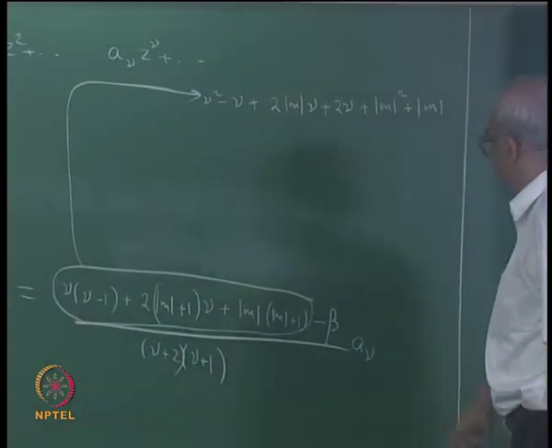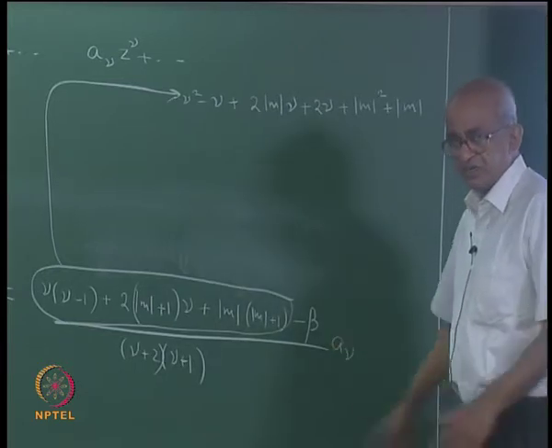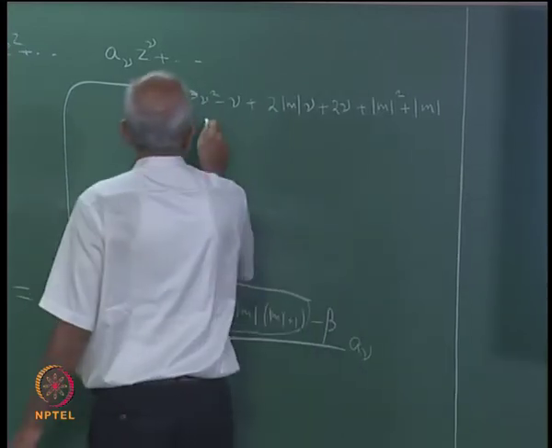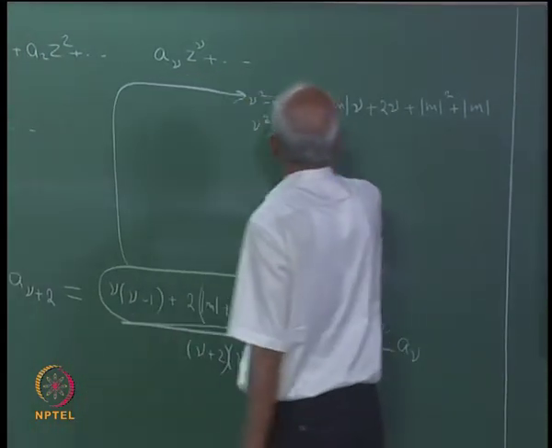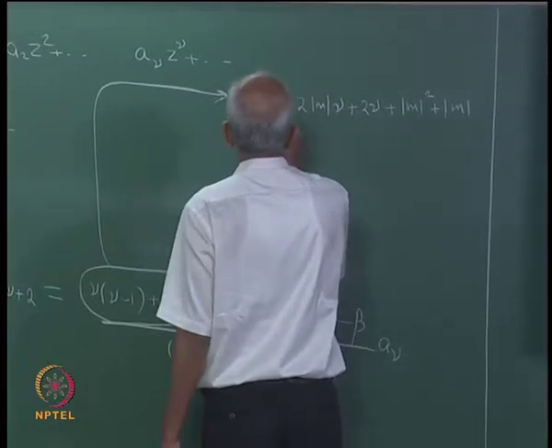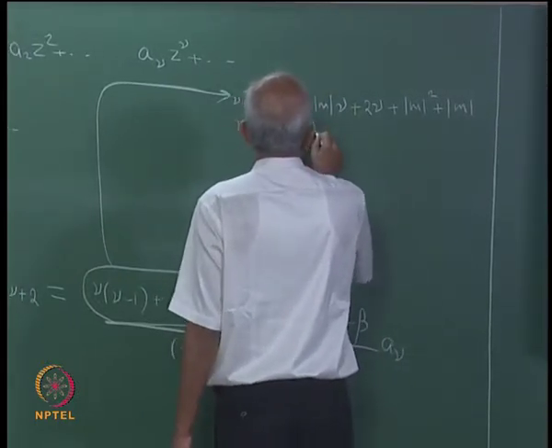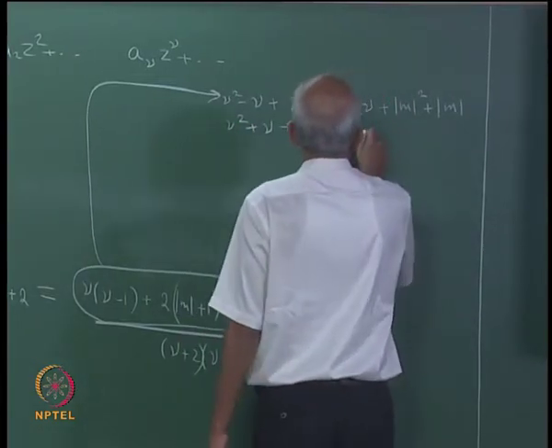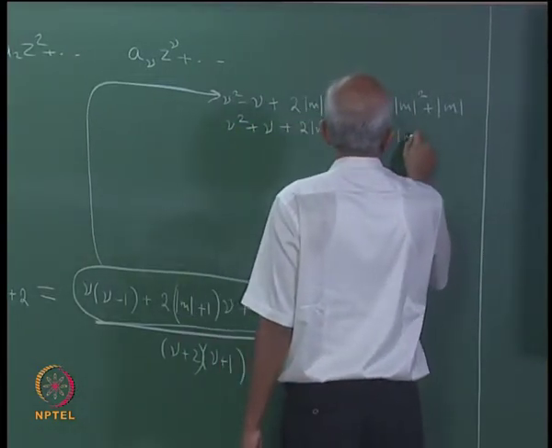The minus beta I am not writing now. And if you simplify this, what is going to happen? You are going to get nu square minus nu, and 2 nu will combine. I will get plus nu plus 2 magnitude of m nu plus m square plus magnitude of m.